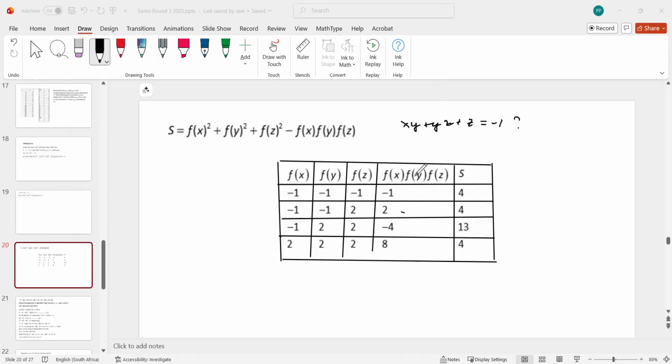Regardless of that, this is what we have. So in all cases it works, except in this case here. This is the only case where S is not equal to 4. We wanted it to be equal to 4, you see. That is the conclusion. So all we have to do is to avoid the possibility that there are two 2's.